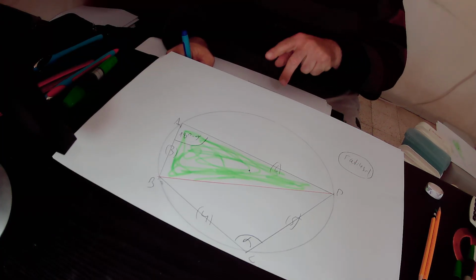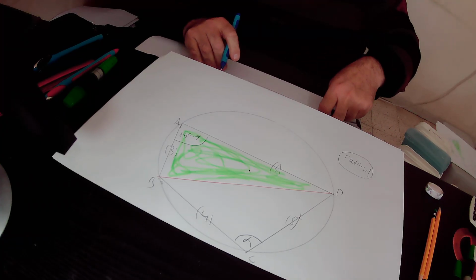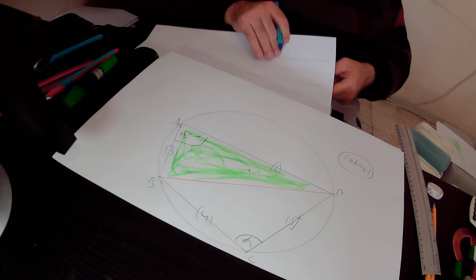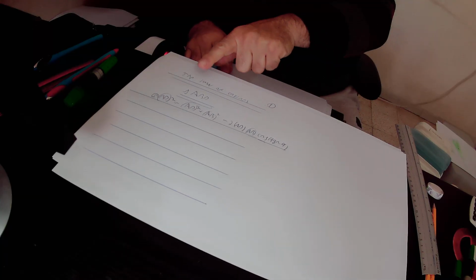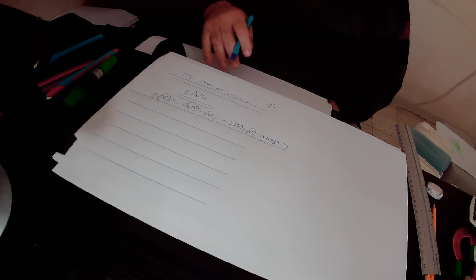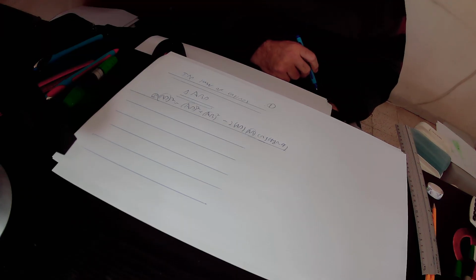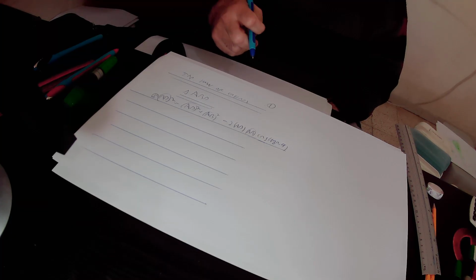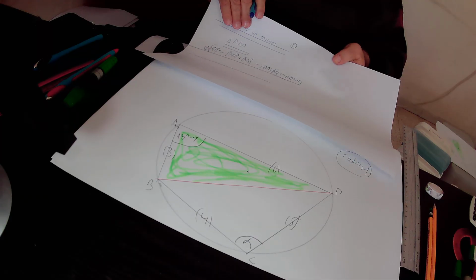And again, in this given triangle ABD, according to the law of cosines, BD squared equals AD squared plus AB squared minus 2 times AD times AB times cosine 180 degrees minus alpha. This is equation 1. Equation 1 is the implementation of the law of cosines on this given triangle ABD.